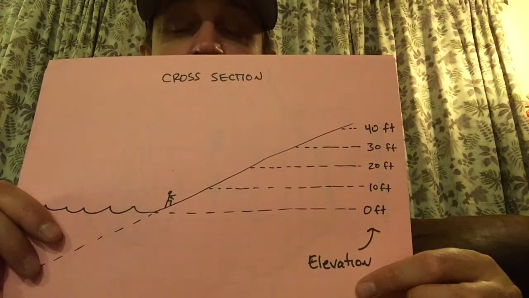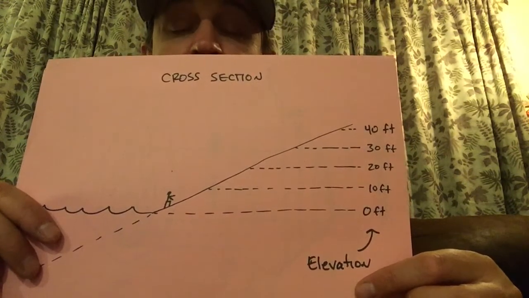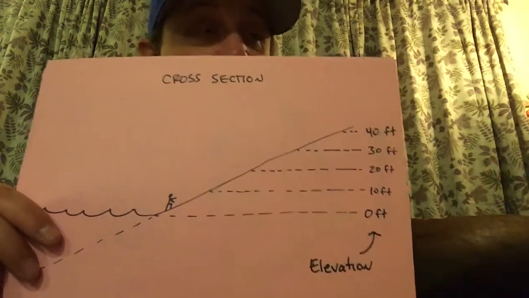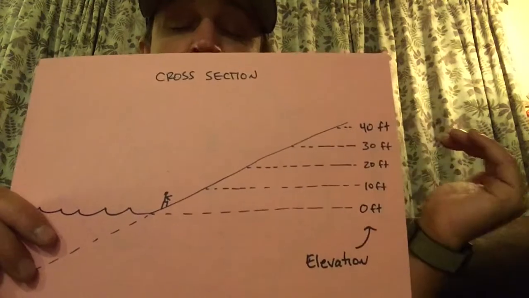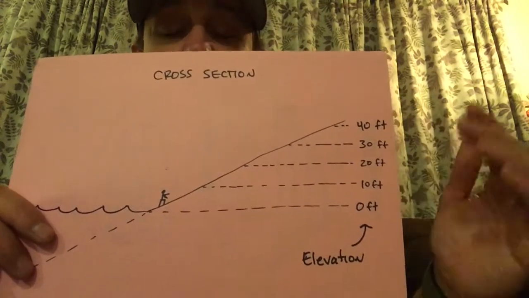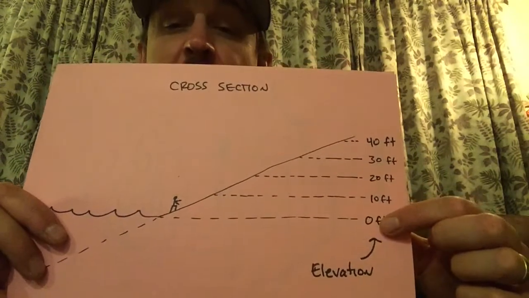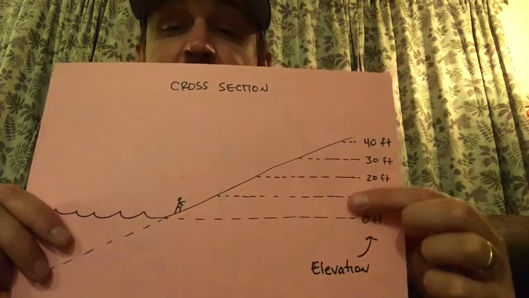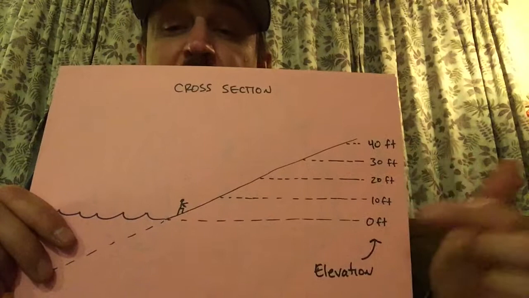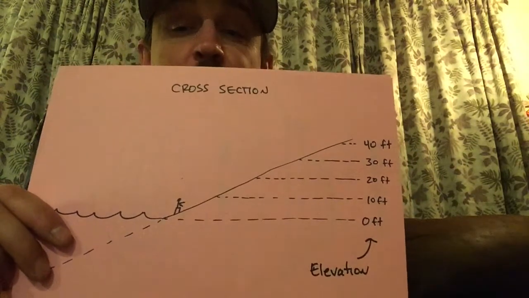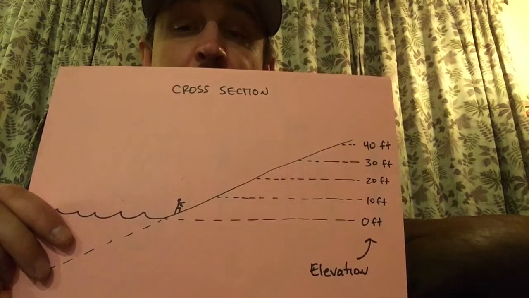If you were to draw a line straight up from the ocean and measure along that line and then square over wherever you are on the planet, however many feet above sea level, that is your elevation. And that is what topographic lines on a map show. They show elevation.